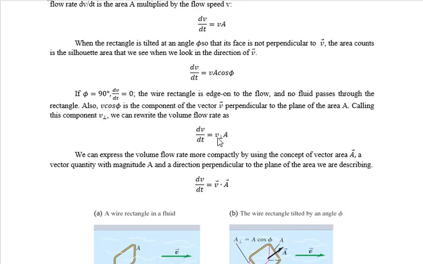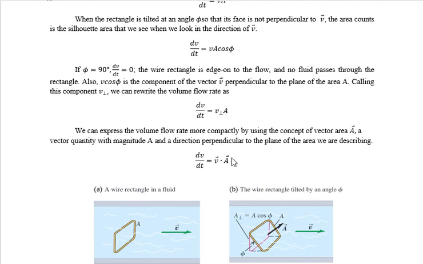Or it means that para makuha mo yung flow, yung amount of volume natin with respect to time, is just multiply the velocity that is perpendicular to that cross-sectional area. Okay? Or we can just have it as dV over dt is equal to velocity times the area of that cross-sectional area. Okay?